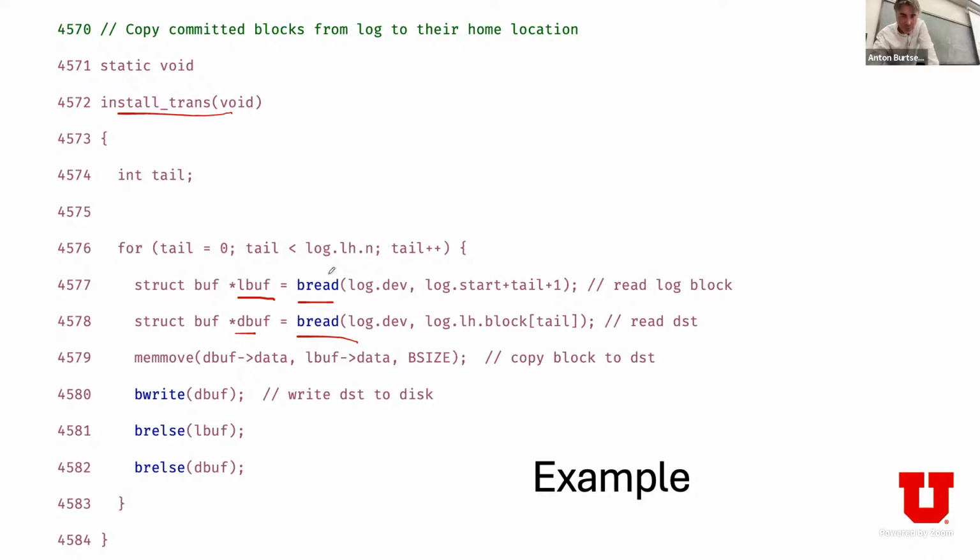And then what it does is use memmove to copy data from one block to another. Then this one is written back to disk because this one was dirty, and both of them are released, meaning that if someone else wants to read or write into this block, then the write is allowed. So the next thread or process in xv6 can acquire ownership of this block.